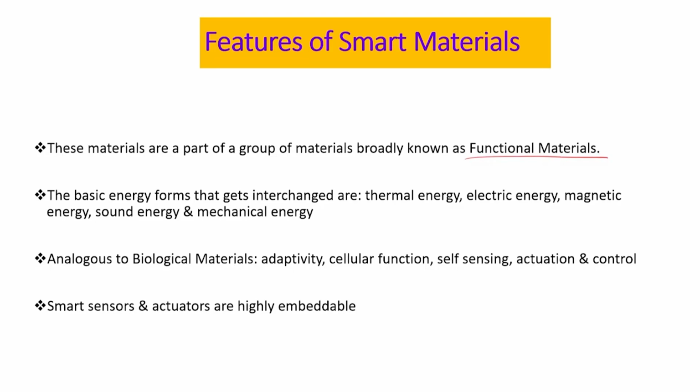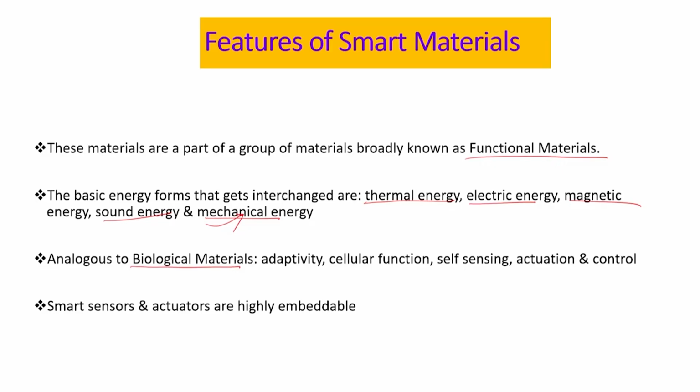For example, they interchange between thermal energy to mechanical energy, electric energy or magnetic energy, or sound energy to mechanical energy, generally all other energies to mechanical, and from mechanical to either electric energy or magnetic energy. And they are very much analogous to biological materials, like they are adaptive, they have a cellular function, they are self-sensing, the same system can sense as well as actuate.